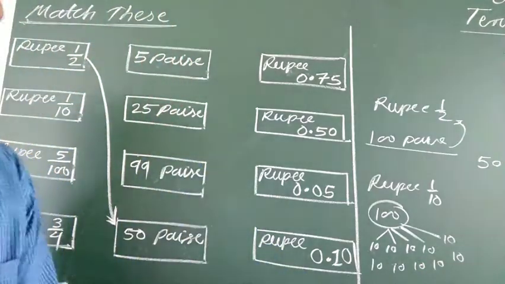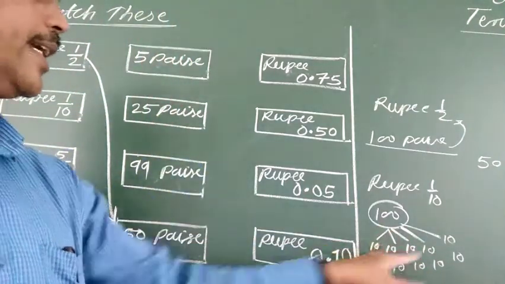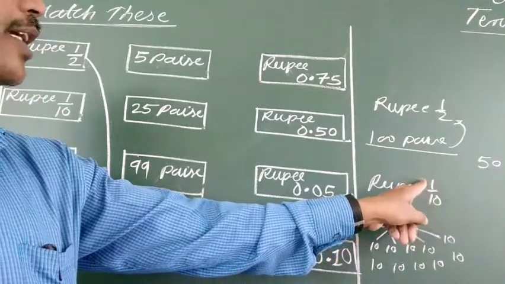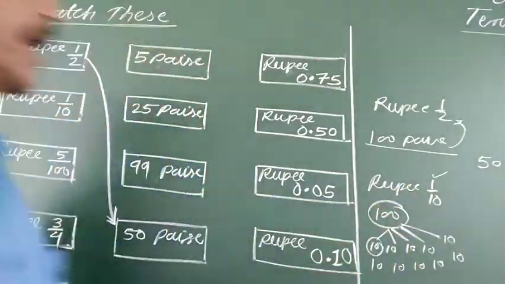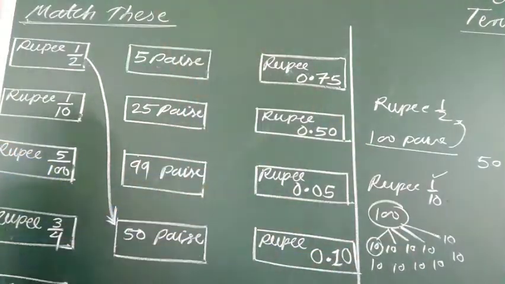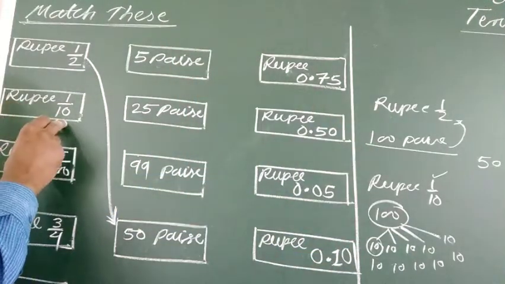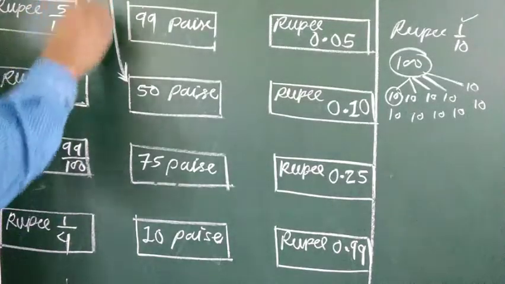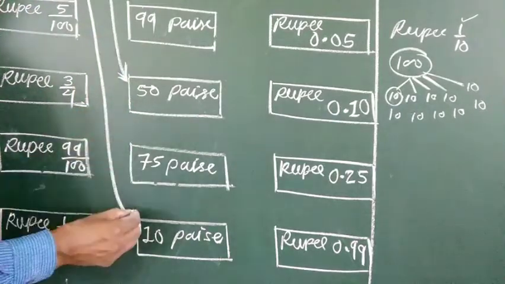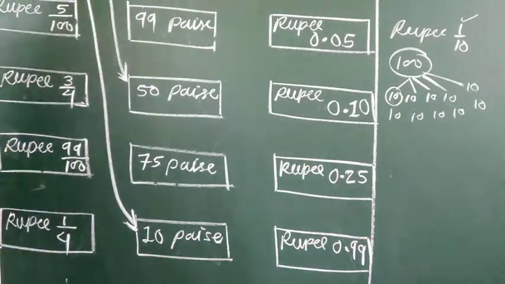So these are the 10 parts, and each part is 10. Now you have to take rupee 1 by 10, which means only one part, and one part is 10 paise. So rupee 1 by 10 is equal to 10 paise, and we match this box with 10 paise. Okay. Next one.